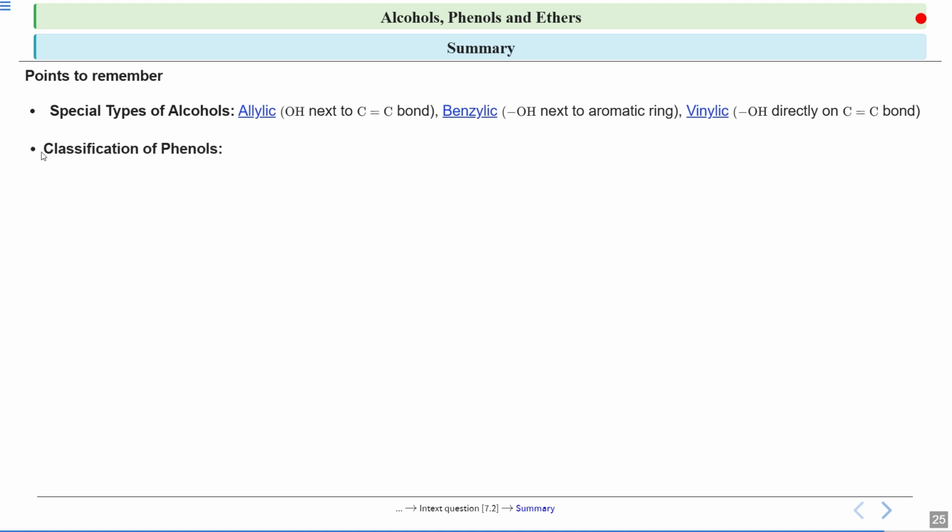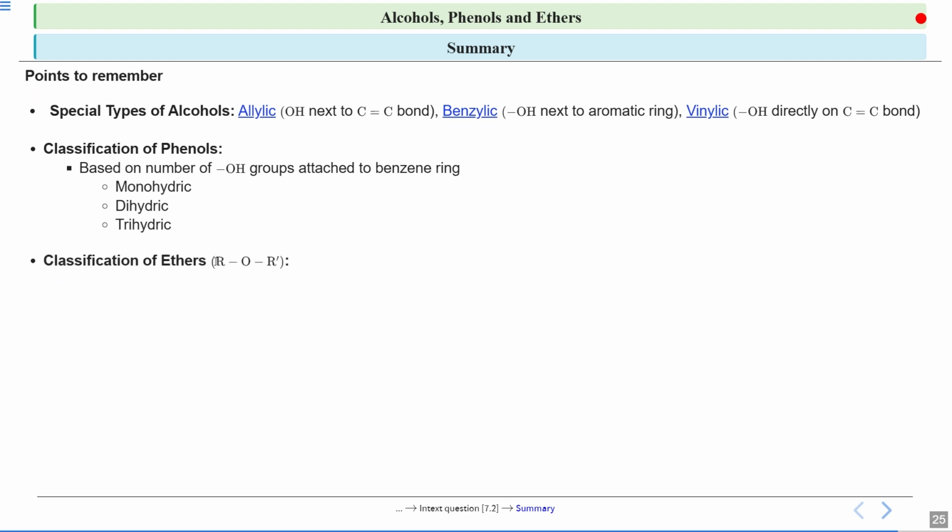Then we have seen the classification of phenols, based on the number of hydroxyl groups attached to the benzene ring: monohydric means only one hydroxyl group is attached to the benzene ring, dihydric two, and trihydric three hydroxyl groups attached at different positions of the benzene ring.